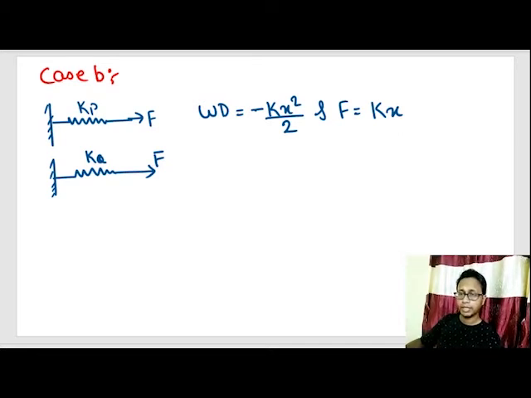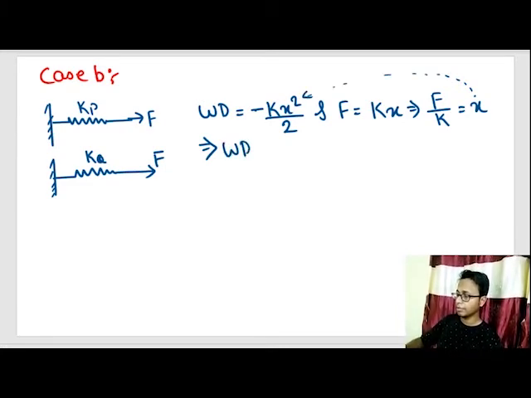Now what we do is we replace this. If force is equal to kx, we know that force by spring constant is equal to x. Now can I substitute this x out here? I can.